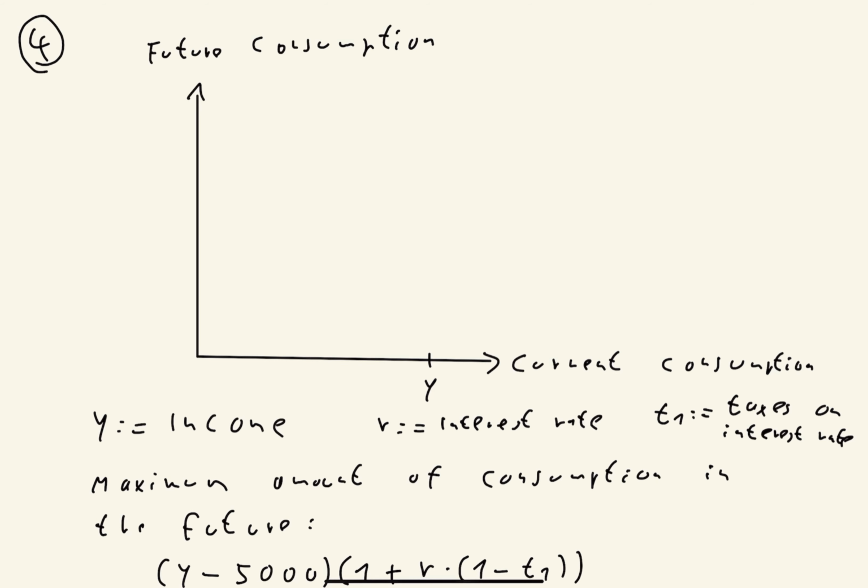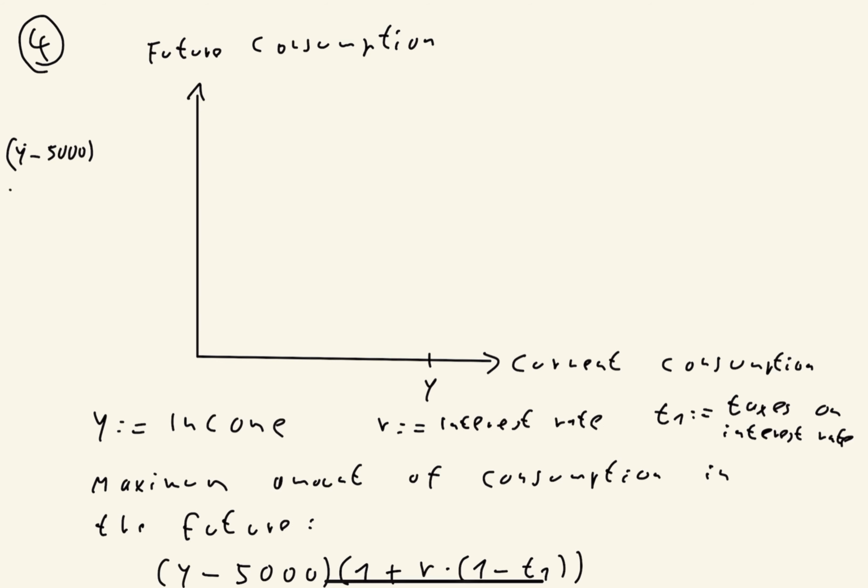So the intercept then would be Y minus 5,000 times 1 plus R times 1 minus T1. Hope you can still read it. Let me do it a little bit differently and write it down here.